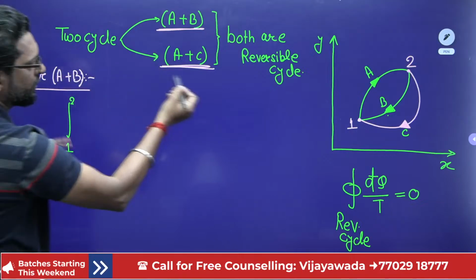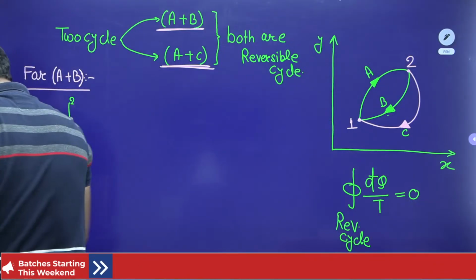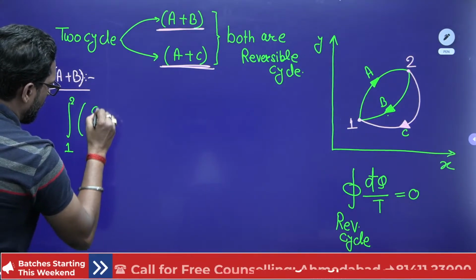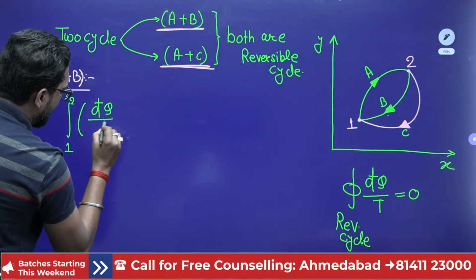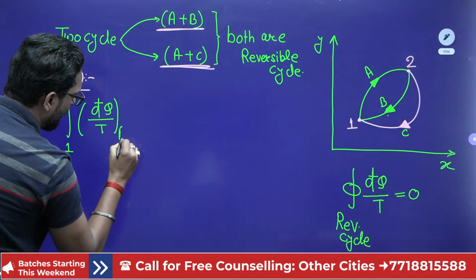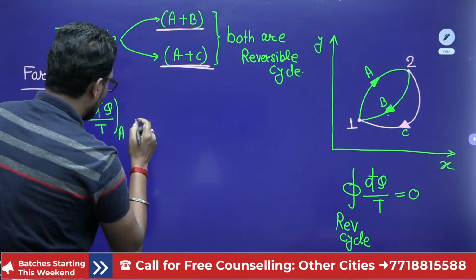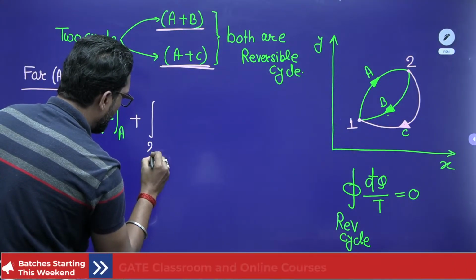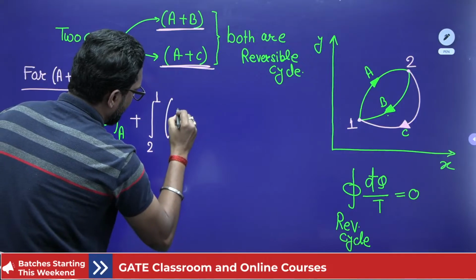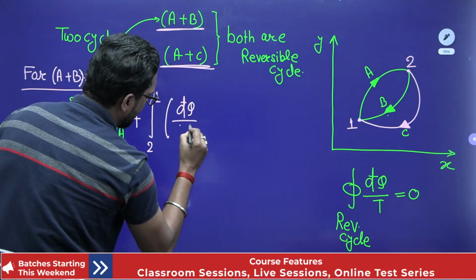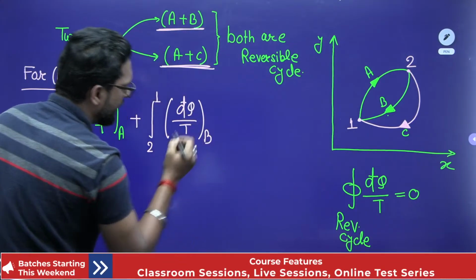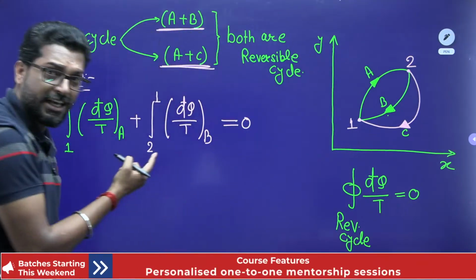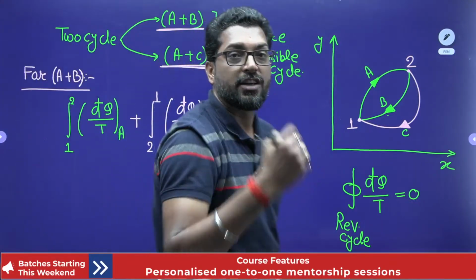So, for the process A plus B, 1 to 2, very fast, 1 to 2, dq by t via path A plus 2 to 1, dq by t via path B, and if this is reversible, the sum is 0. This is what Clausius gives, okay?